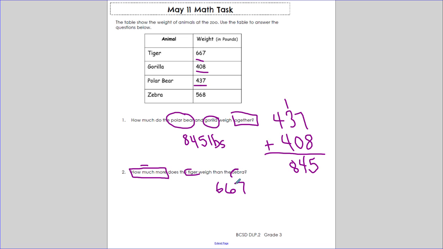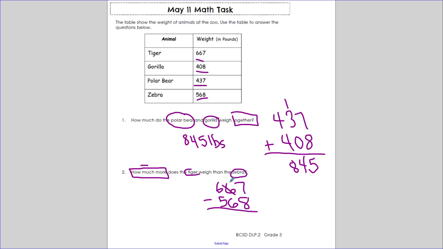And the zebra is 568. And again, that how much more means I am going to subtract the two. Starting in the ones place, 7 minus 8, remember starting at the top, reading it down. 8 is bigger on the bottom, so I need to go to my neighbor and regroup.